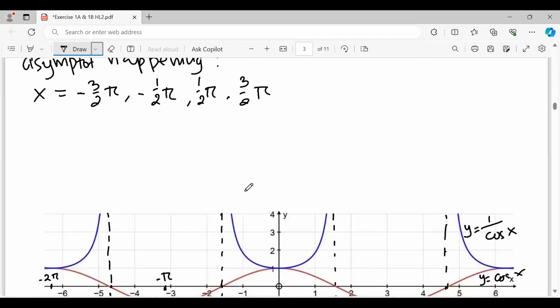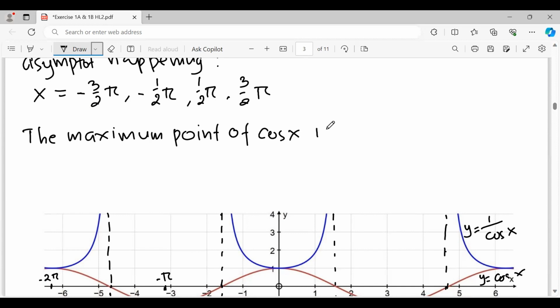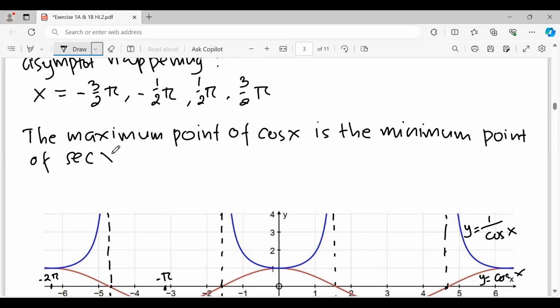And just now, we found that the maximum point of cosine x is the minimum point of secant x.